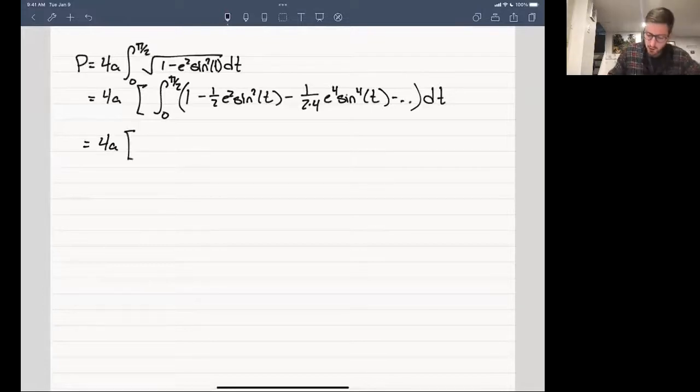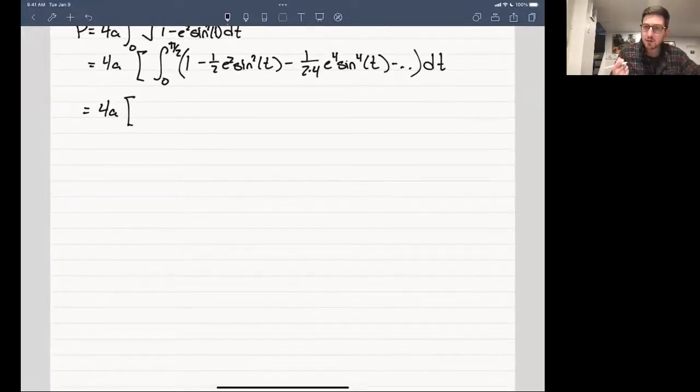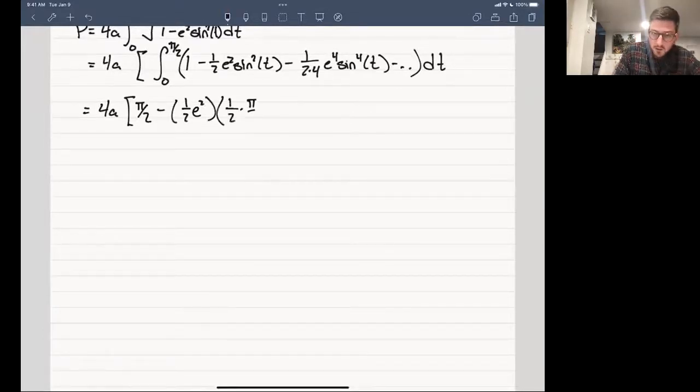You get, integrating this up and doing the boundary terms, pi over 2 for the first term. And then minus, I'm just going to write this out in terms of the multiplications, just in case you want to follow along and double check your work.